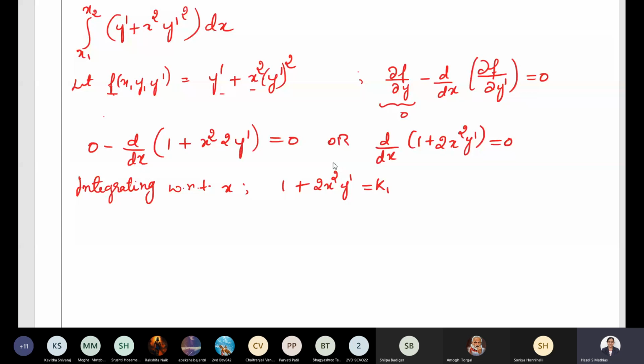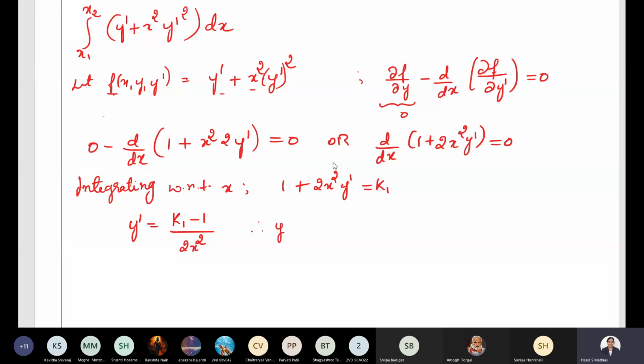Let's take this as k1. Correct? Integration of 0, 0 is a constant. So integration of a constant is what? Some constant we will get. Am I correct? Yes, ma'am. Okay, now from this get y dash. How do we get y dash? Y dash is nothing but k1 minus 1, correct? K1 minus 1 divided by 2x square.